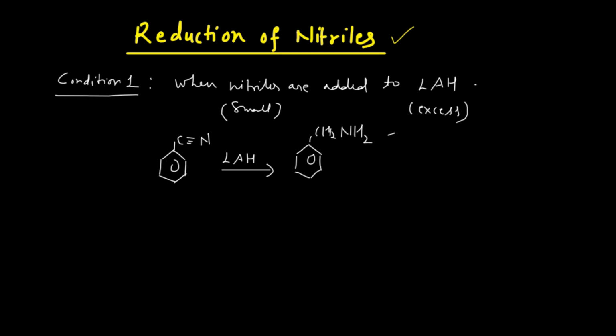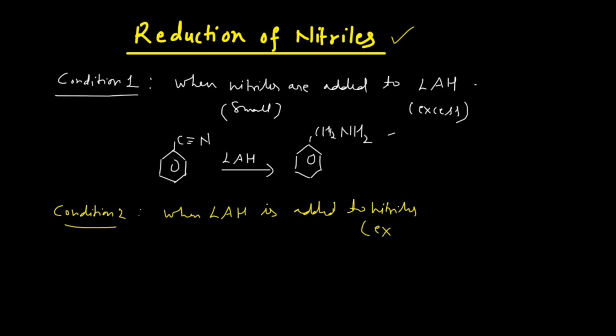And second condition, I am writing here, condition 2. What is condition 2? When LAH, lithium aluminium hydride, is added to nitriles, that means nitrile is in excess and LAH is in small quantity.